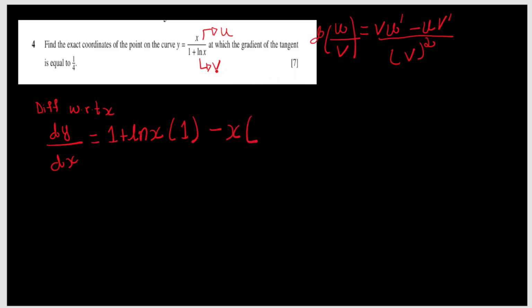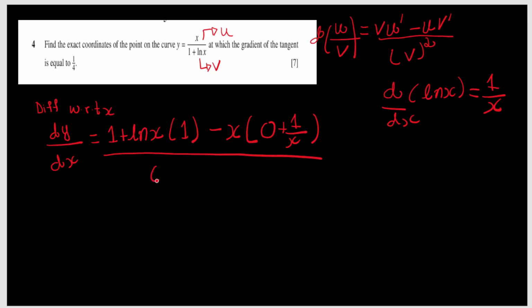You know that the differentiation of a constant is 0, and the differentiation of ln x is 1 over x. So simply plus 1 over x, and then in the denominator we're going to have 1 plus ln x square.